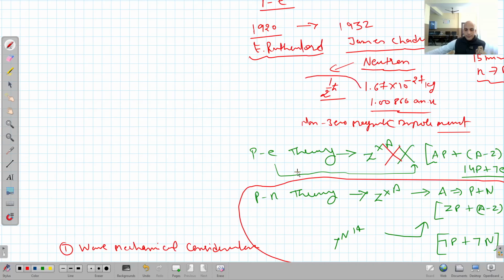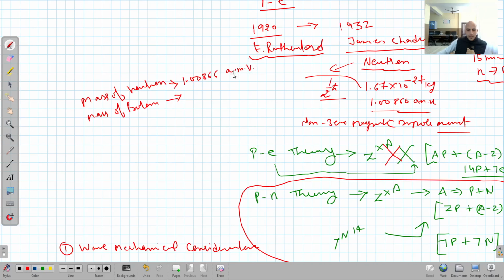Now one more thing that I told you here, that the mass of a neutron is this, right? The mass of neutron is 1.00866 AMU.